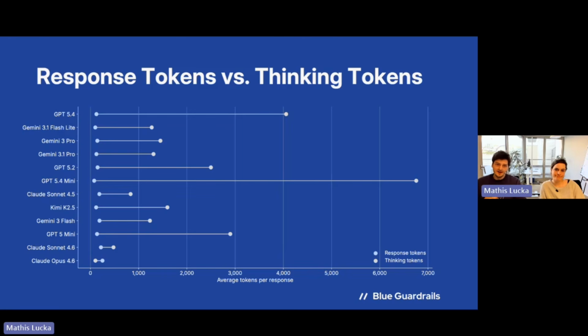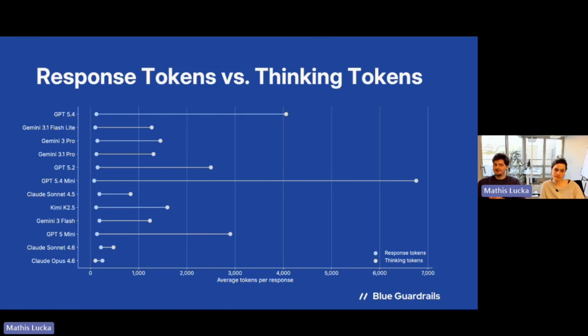But the number of thinking tokens is actually wildly different. So GPT 5.4 mini tops our thinking token leaderboard here with almost 7,000 thinking tokens produced per answer.